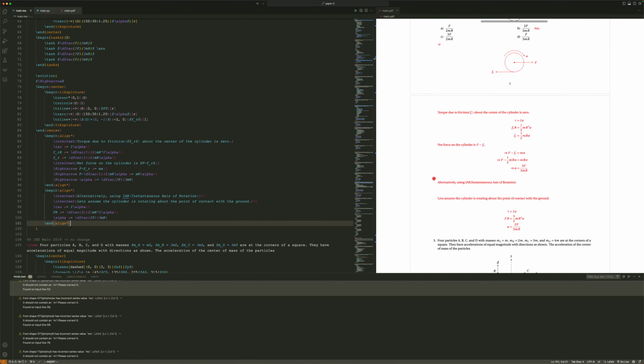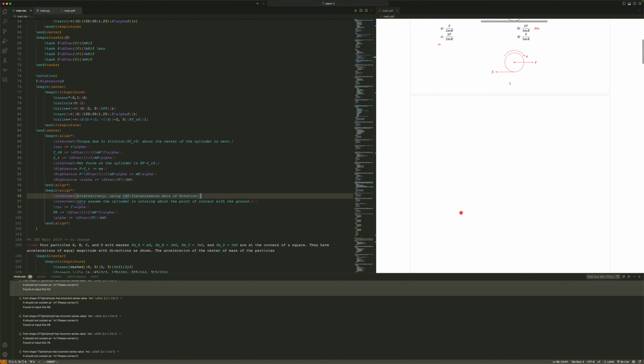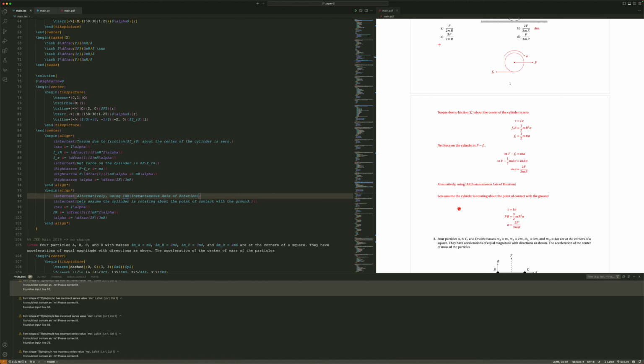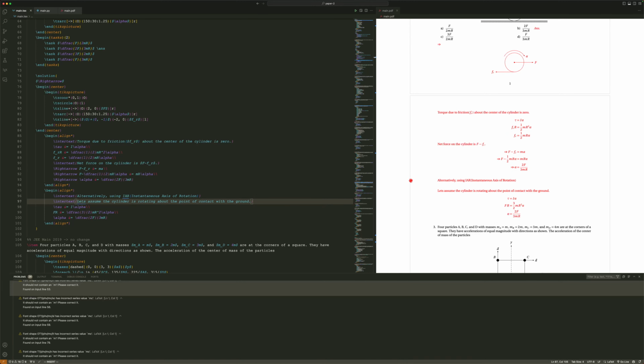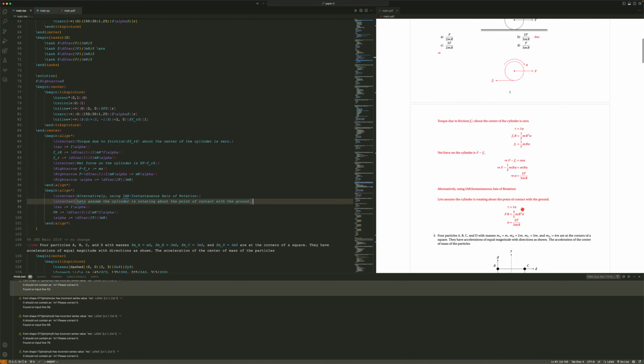So as you can see, this is the alternate solution using IAR, and this is a much shorter solution. You can literally solve it in a single line using the instantaneous axis of rotation. So keep in mind, at least try to imagine IAR in problems of rotation. It will be much shorter, if possible. Here we just applied pure rolling motion.